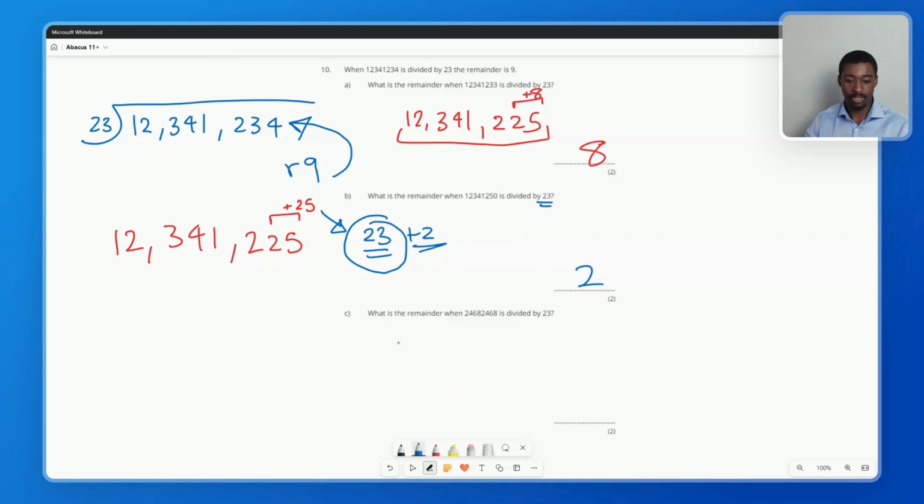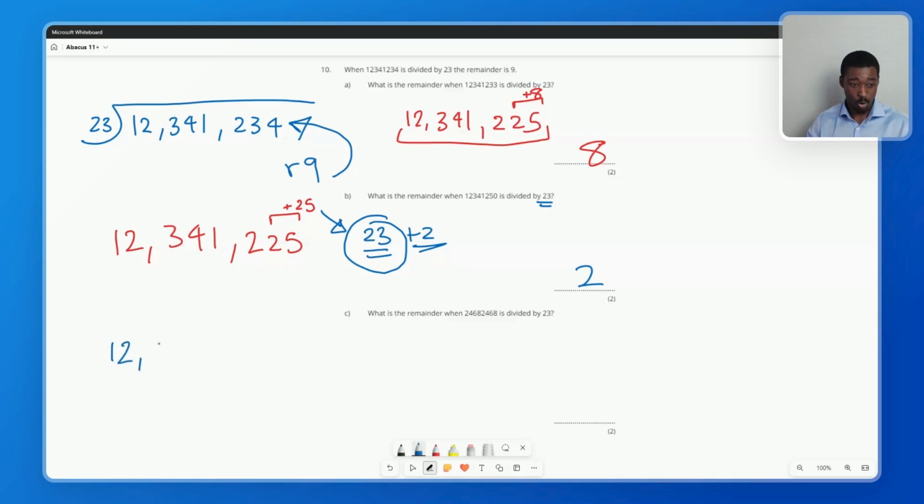And finally, for part C, we have to work out the remainder when 2468 is divided by 23. Now, the first thing we have to notice is that 2468, apart from being a mouthful to say, is actually a multiple of 12,341,234. It's 12,341,234 multiplied by 2.